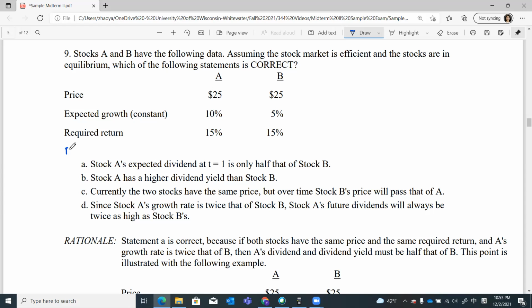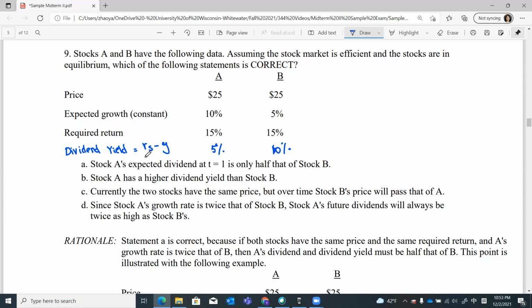So we calculate the dividend yield first. Dividend yield equals to RS minus growth rate. So stock A is going to be 15% minus 10% is 5%. Stock B will be 15% minus 5% is 10%.